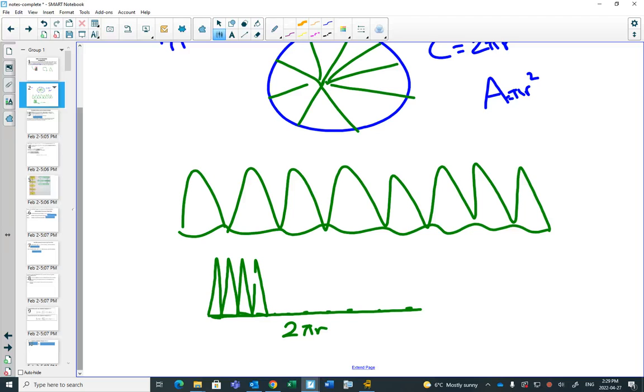And if you did it forever, eventually it would be a perfect straight line with a length of 2 pi r. And if I took two such orange slices and did one orange slice like that, and then took the other orange slice and filled in all of the gaps with that one, I would eventually get a rectangle.